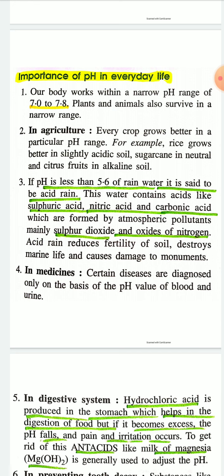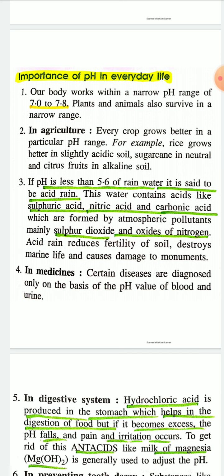Second point, in agriculture, every crop grows better in a particular pH range. For example, rice grows better in slightly acidic soil, sugarcane in neutral soil, and citrus fruits in alkaline soil.